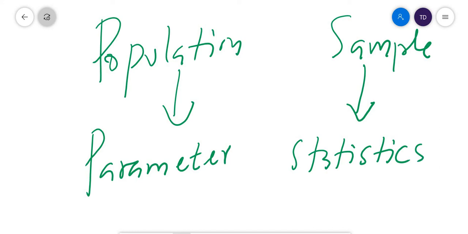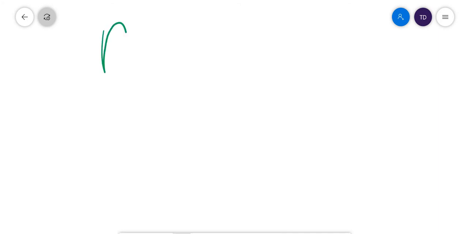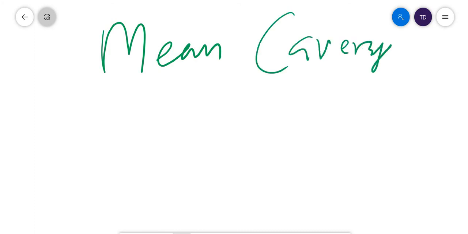Mean of a population is denoted by, normally, mean, median, mode, all these things. Mean, you always call it mean or average. You add all the values and divide by the number of values. That is the mean or average. What is the average of 2, 3, 4?